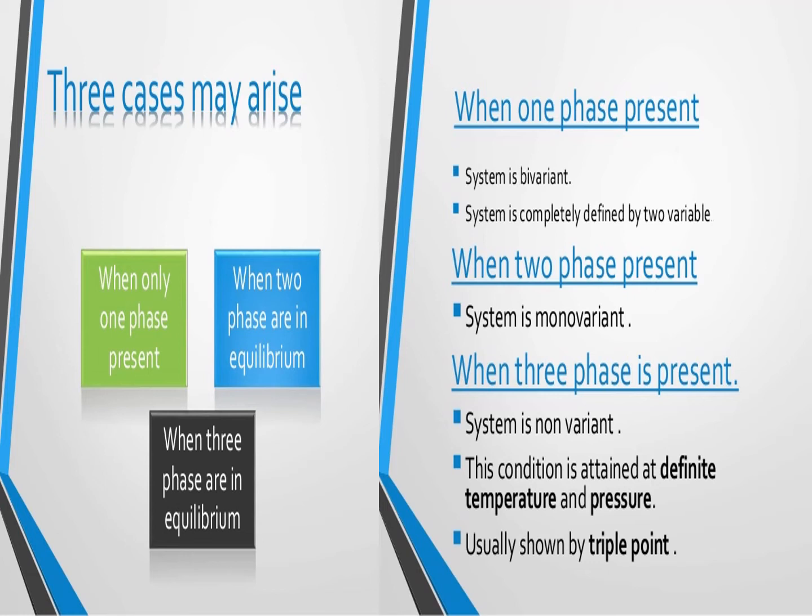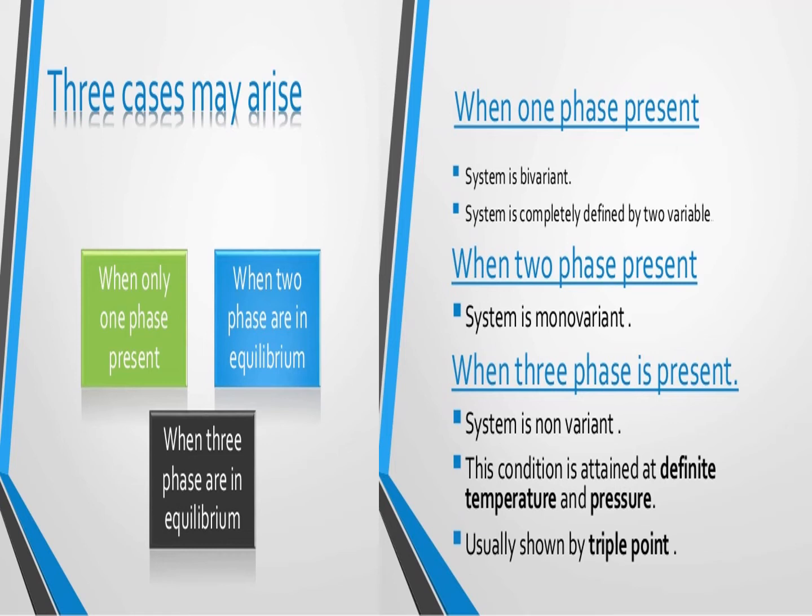Substituting into the phase rule, F = C - P + 2, so F = 1 - 1 + 2. The minus 1 and plus 1 cancel, so F = 2, which means the system is bivariant. The system is completely defined by two variables, that is temperature and pressure.